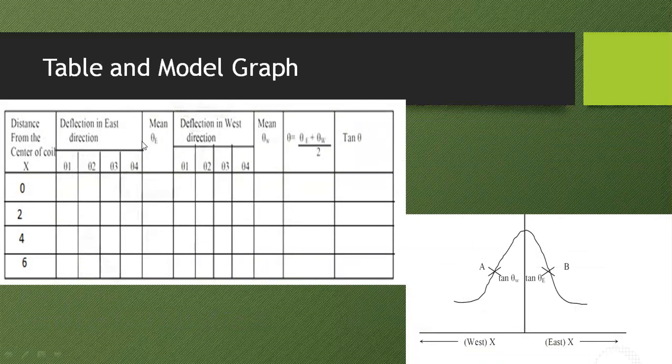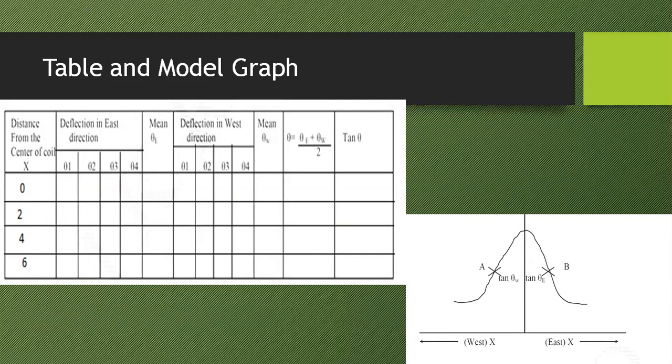Table consists of two parts: one is east direction and the other is west direction. At each position, either in east or west, we will get a set of 4 theta values. I mean, when the current is passing through the coil in clockwise, the magnetic deflection meter shows 2 deflecting needles, that is theta 1 and theta 2.